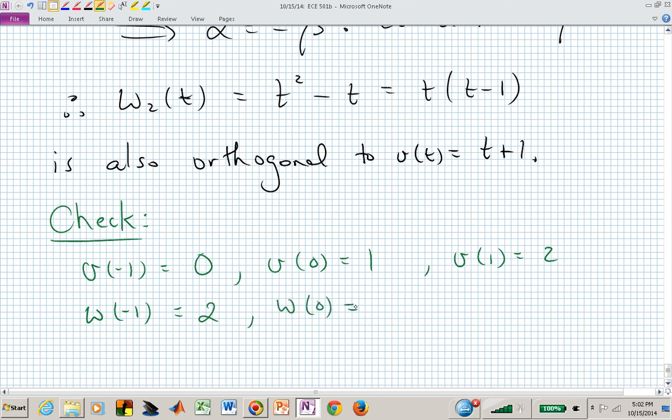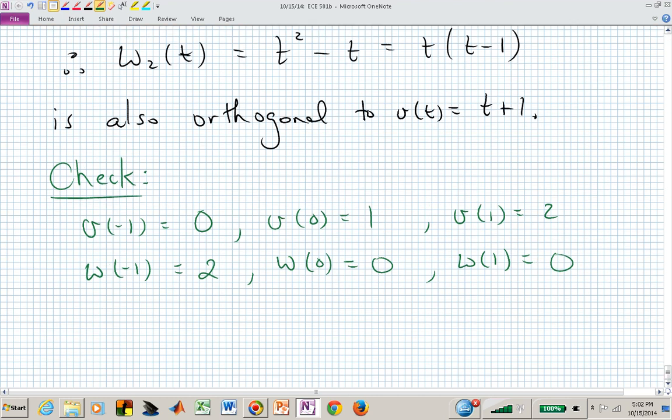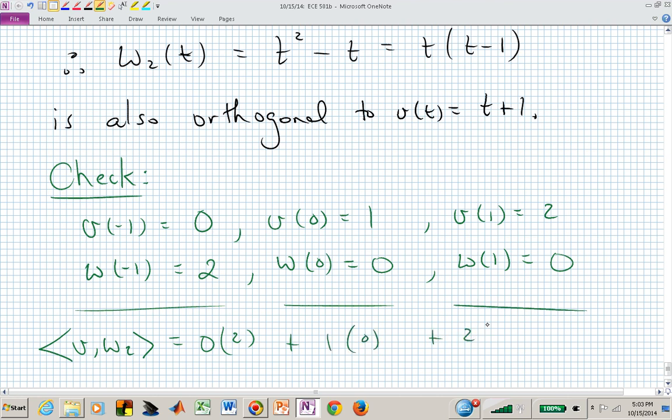W of 0, 0, W of 1, 0. And now if we simply do that pairwise, or take the sum of the pairwise product, we now have 0 times 2 plus 1 times 0 plus 2 times 0. Zeros are wild. We now have 0 for that. Yes?